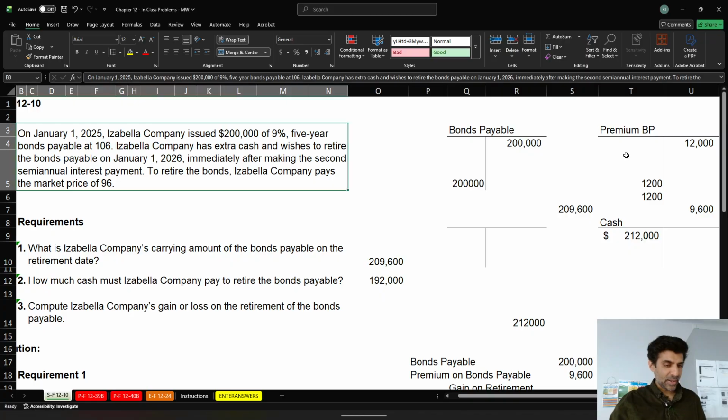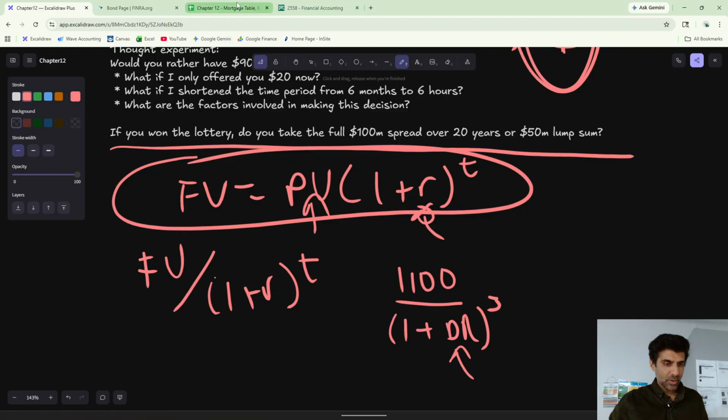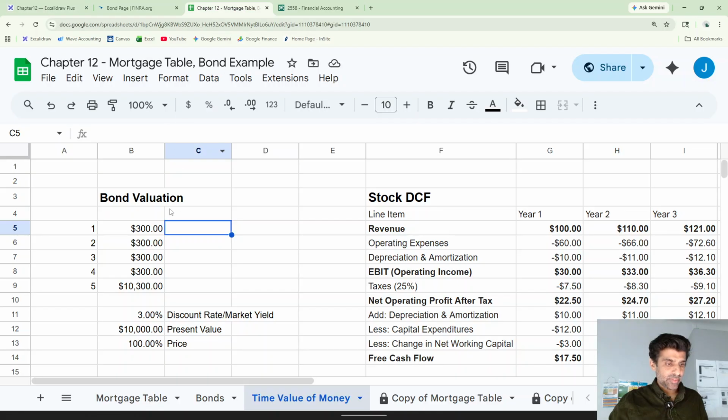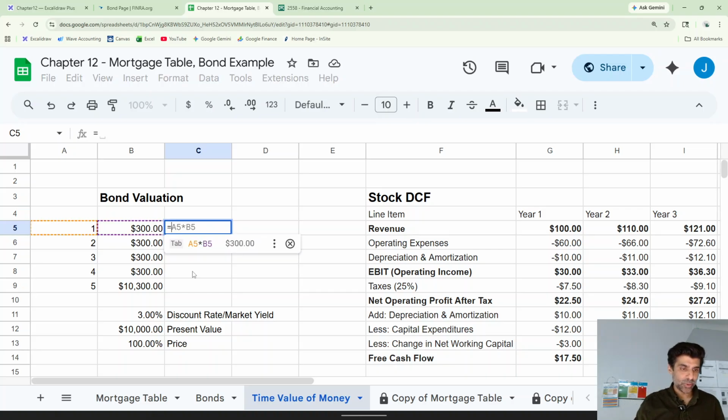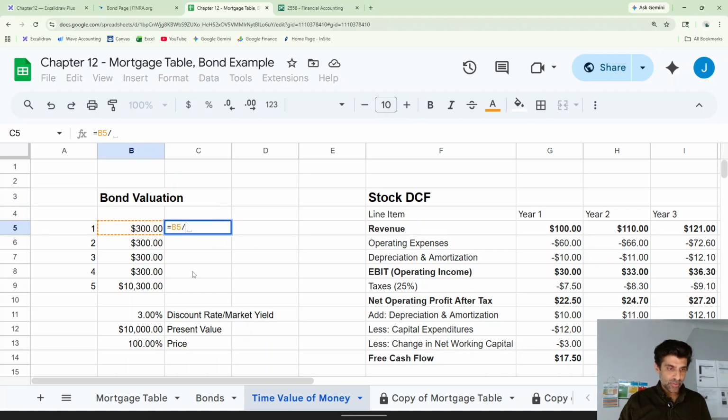So if I did this for this bond, which has these 5 years of cash flow, I will do it like this. This divided by 1 plus, I'm going to use this discount rate, 3%, to this power.